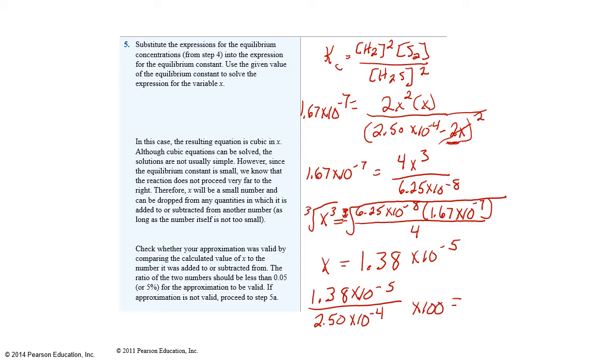If we do that, we see that the value is 5.25%, which is not smaller than 5%. So it's close, but not smaller than 5%. That means that we cannot make this simplifying approximation. We cannot cancel out that minus 2x.